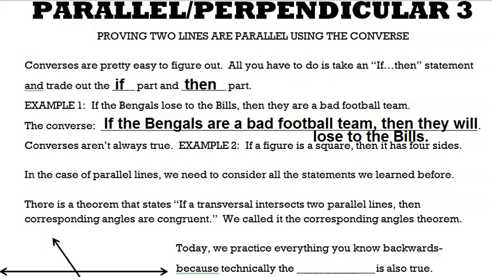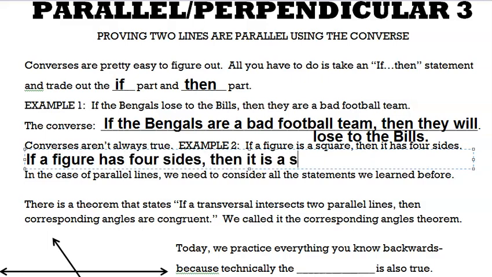Now, today they're going to be true, but converses aren't always true. Let me give you a quick example. If a figure is a square, then it has 4 sides. The converse would be, if a figure has 4 sides, then it is a square.